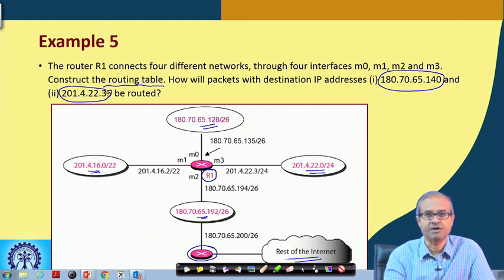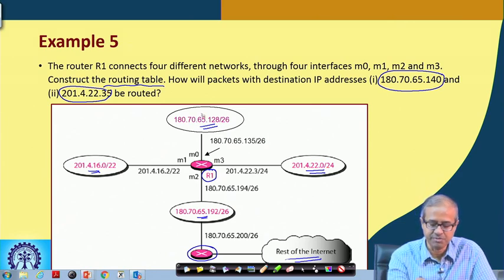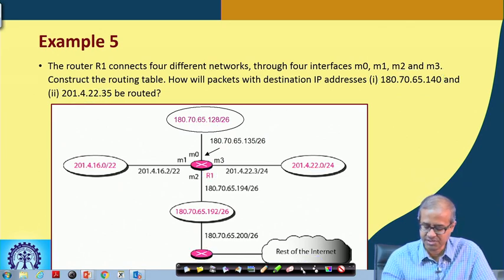One thing is that we are asking you to construct the routing table, and secondly, for these 2 packets, how they will get routed. Well, the routing table will be very simple. There will be 4 entries, one corresponding to M0 with this network, M1 with this, M2 with this, M3 with this, and default will be this. Via this default it will go here. I am actually showing you the solution, you can just verify.